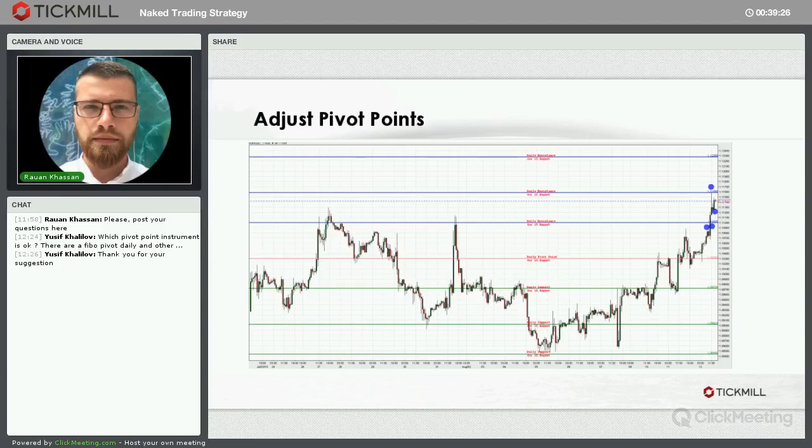I will use standard pivot points for euro dollar calculated from the daily chart. So the pivot point for today is 1.1045.